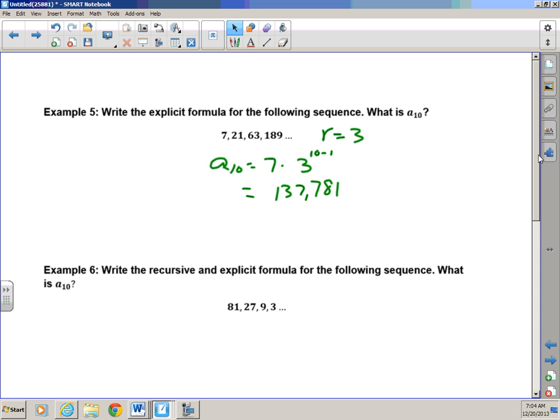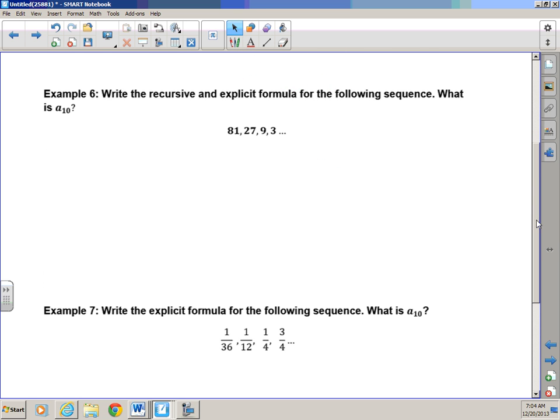All right. Next two examples, I want to write a recursive and an explicit formula. So, you always want to represent your common ratio as a function of multiplication. So I know you're dividing by 3 here, but what you're really doing is multiplying by 1/3.